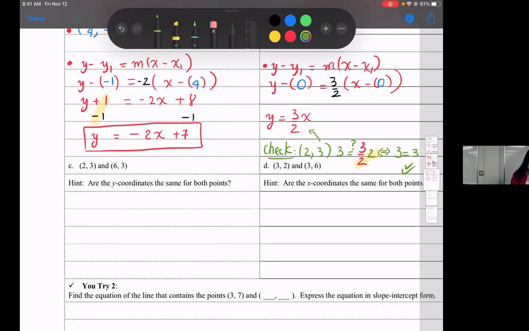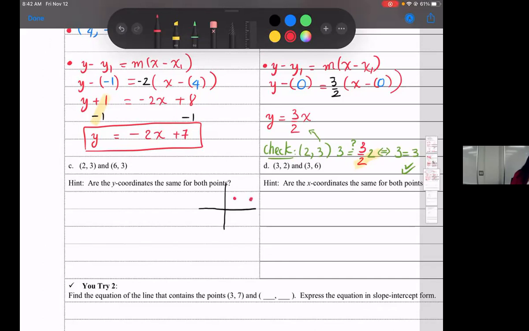So if you graph it, just for the sake of it, you don't have to write this down. 2, 3. It's not gonna be to scale here, okay? So 2, 3, maybe here. And then 6, 3, out here.